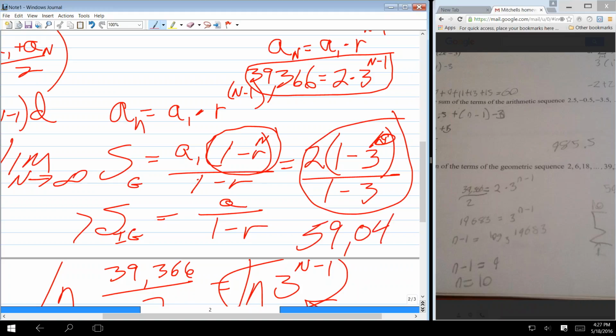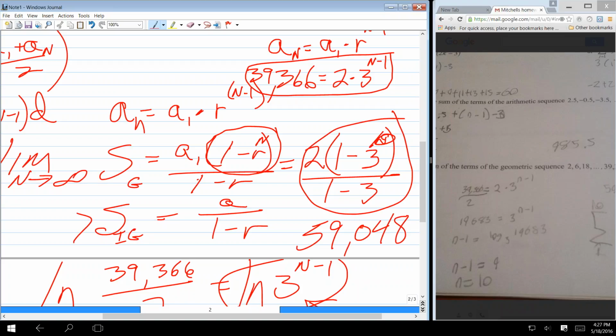And that makes sense also. If the final number is 39,000, you would expect the total to be bigger than that.